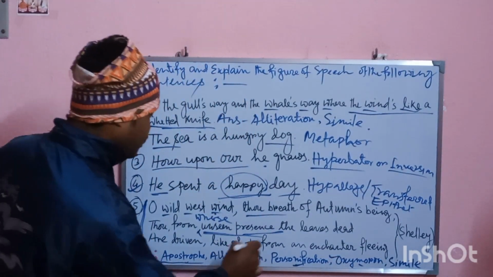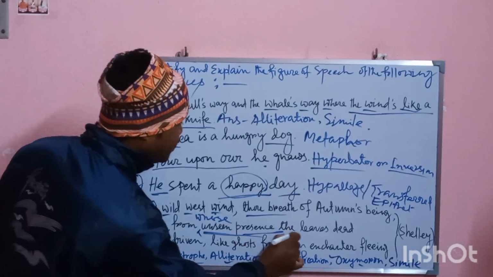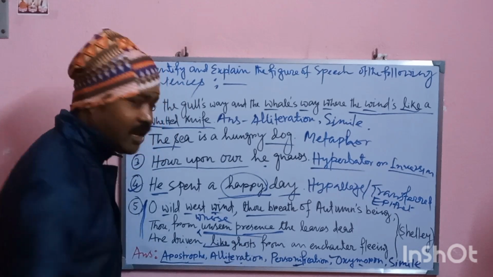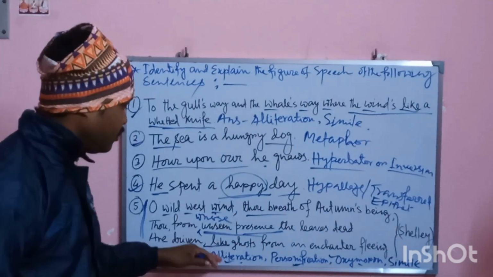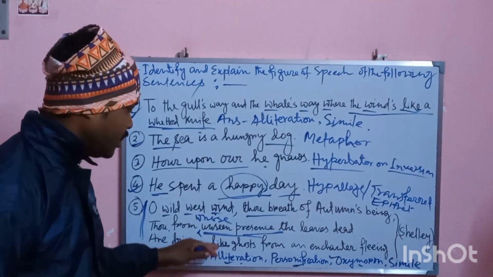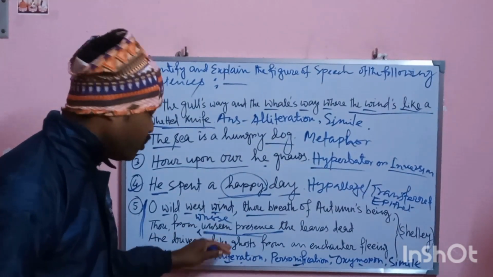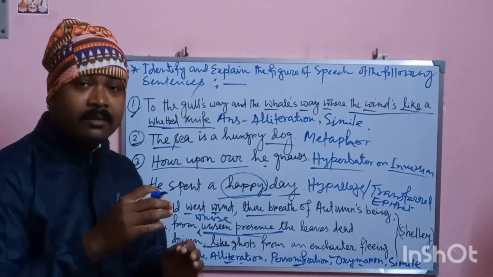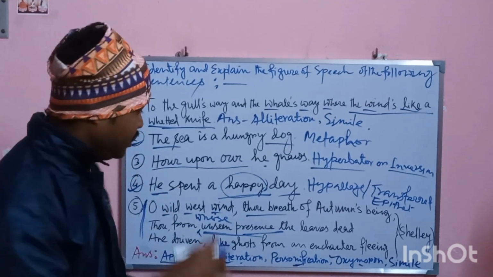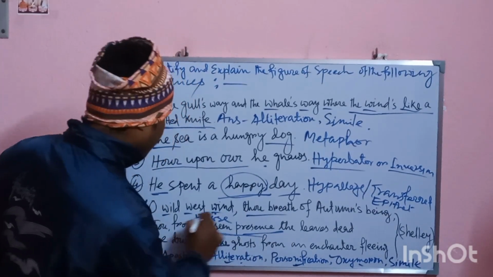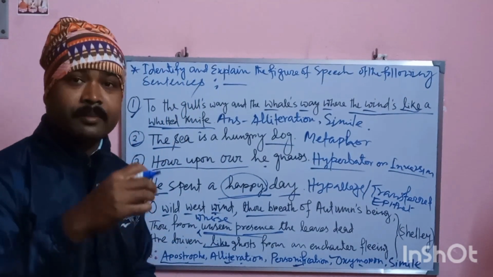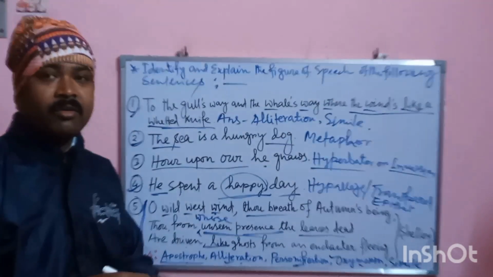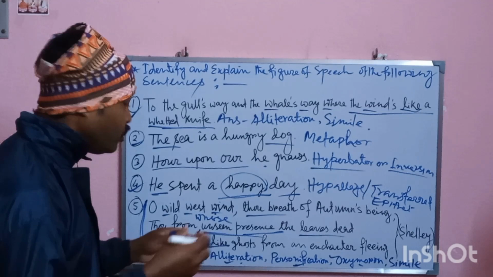Next, from whose unseen presence the leaves dead are driven like ghosts. Like, the word like. When we use words such as like, so, as, to compare two dissimilar things, we call it in rhetoric simile. So here the wind is compared to a magician, and the dead leaves are compared to ghosts.